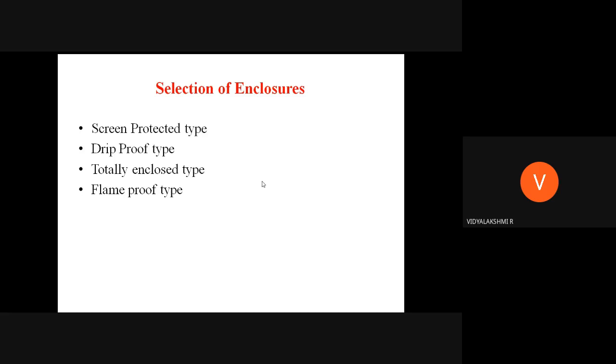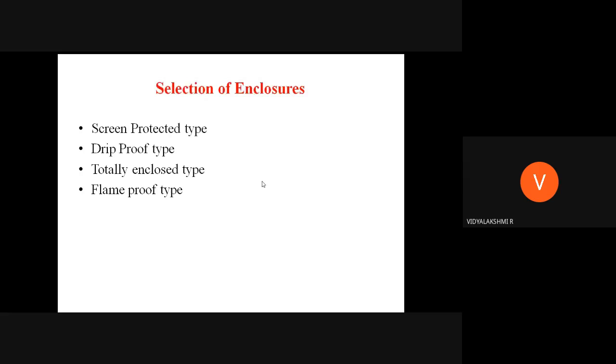Screen type is where the machine is covered with wire screen; ventilation is possible, but it doesn't fully protect from dust, because some dust may enter through the screen. Another advantage of the screen type is that it prevents contact with the motor, for example by rats, squirrels, and also human beings.